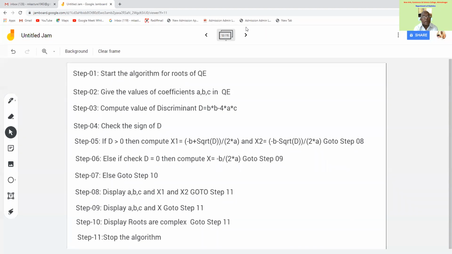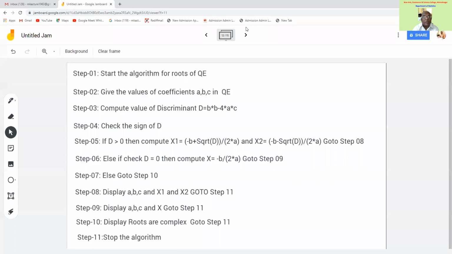Step number 3, compute the value of discriminant D, which is b square minus 4ac. Step number 4, check the sign of D.